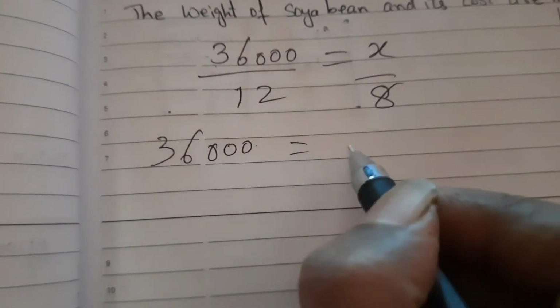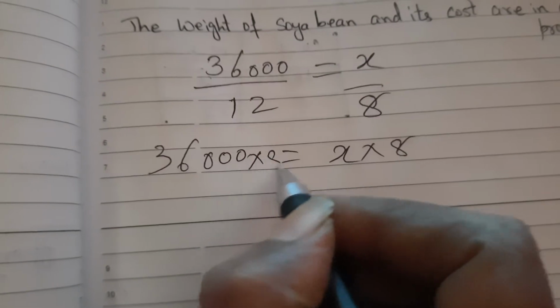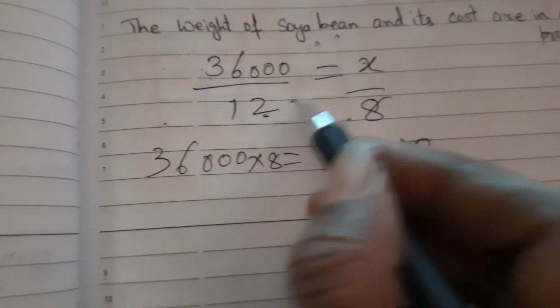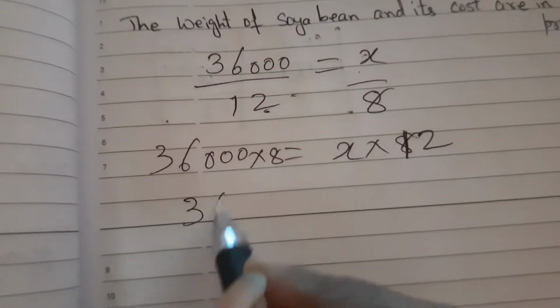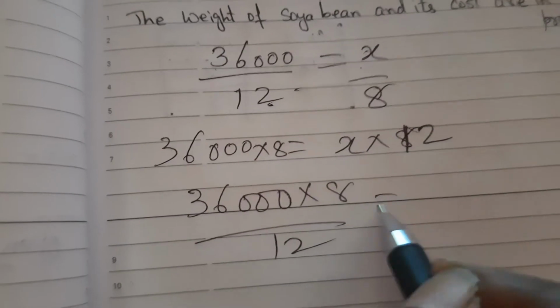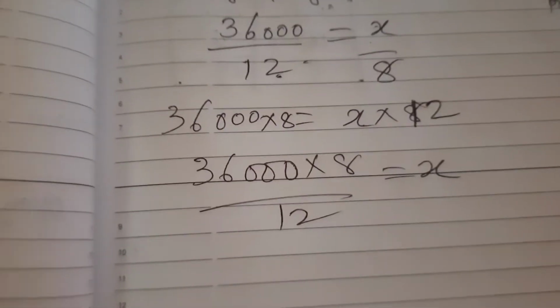36,000 into 8, x into 12. Cross multiply. So here 36,000 into 8 upon 12 is equal to x. Keep x on the right hand side. Then we can change.